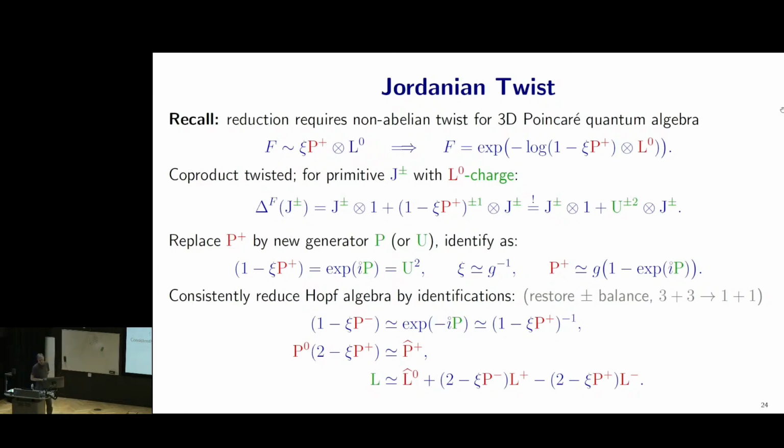And that would implement the last relation for the momentum generators, which we learned in the classical picture, but this is how you lift it to the quantum algebra. And also, the Lorentz rotations can be reduced from three individual generators to just one. And here again, the loop level somehow plays a role.